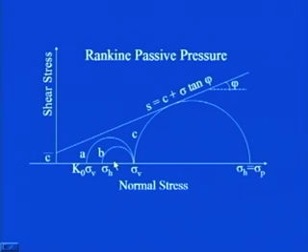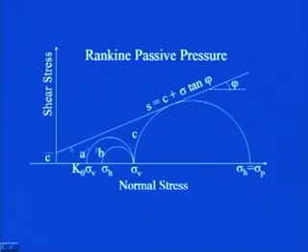As the wall goes on displacing, the Mohr circle goes on reducing in size and then starts increasing in size on the other side. One situation occurs where the Mohr circle touches the Mohr failure envelope. This particular condition corresponds to the passive condition.